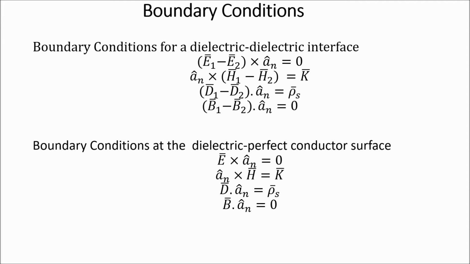These 4 boundary conditions can be derived from the above 4 equations, because as you know, inside a perfect conductor there will be no electric field, because for a perfect conductor the conductivity sigma is very high. If the conductivity is very high, it will produce an electric field of 0.